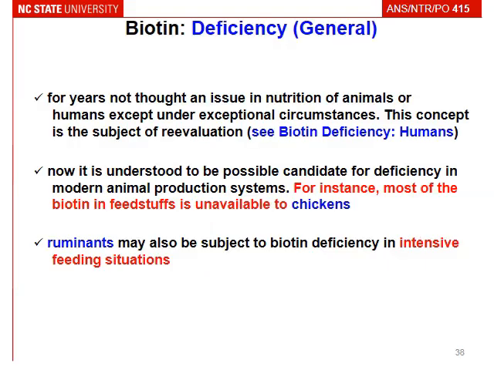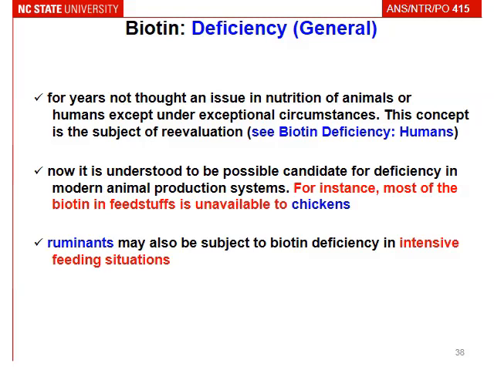So biotin deficiency is pretty rare. Like I said, with all the B vitamins, it's more likely to occur in a general overall malnutrition situation. You do have some inborn errors in metabolism that result in biotin deficiency in humans. In poultry, we see some biotin deficiency, especially if the poultry are fed primarily wheat-based diets as opposed to corn.